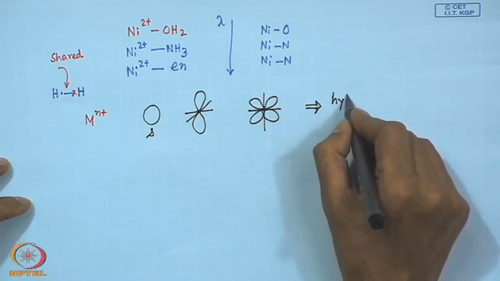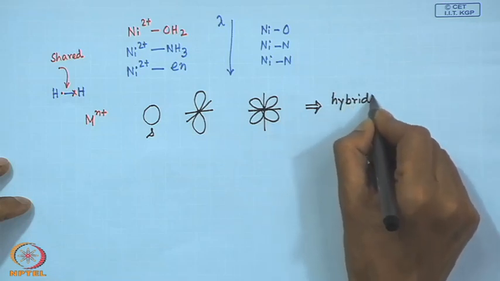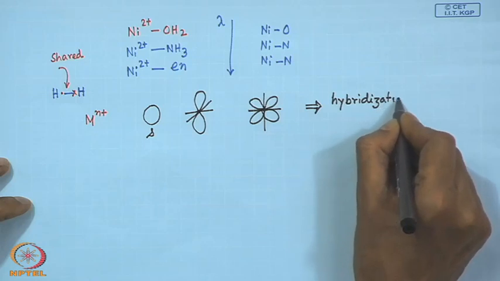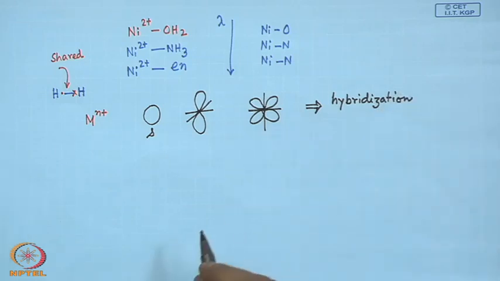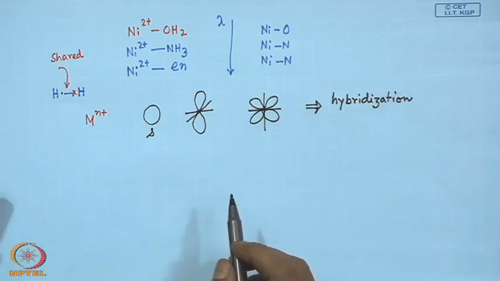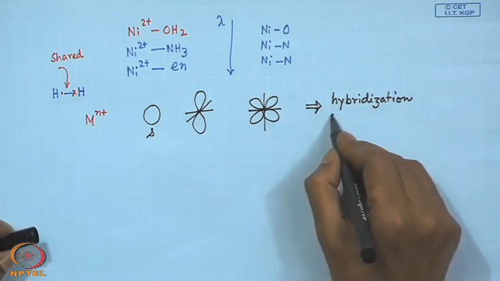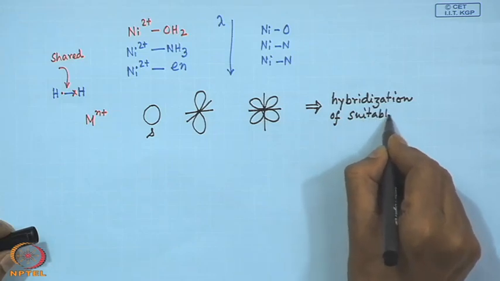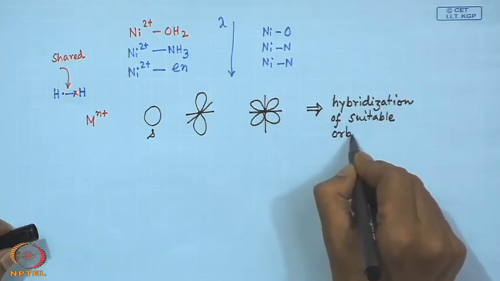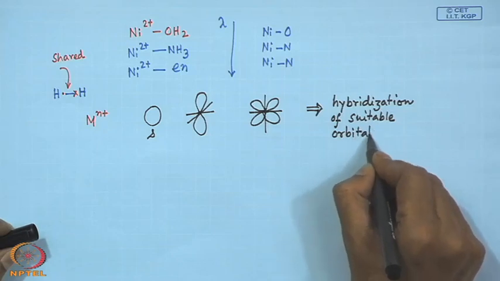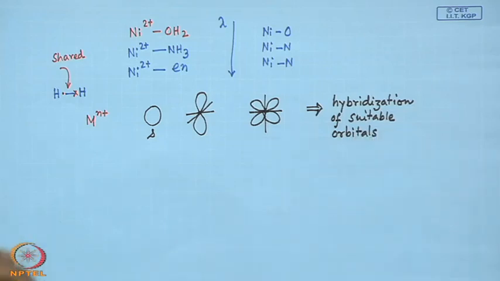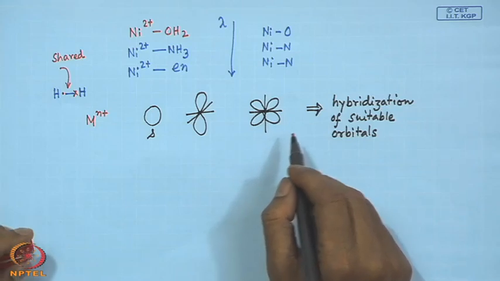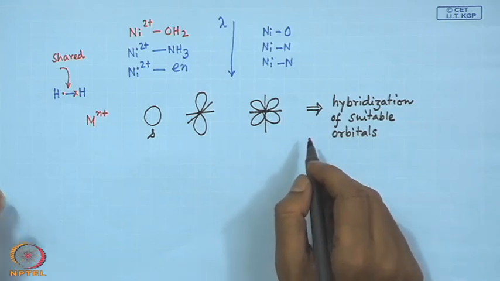So, this idea was mooted at that time for hybridization. So, hybridization of suitable orbitals, not all orbitals are being involved for the corresponding hybridization between these atoms for getting the corresponding bond.